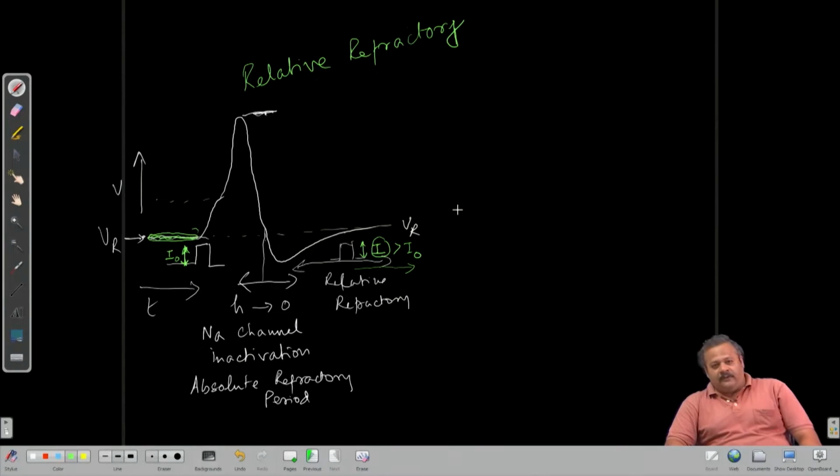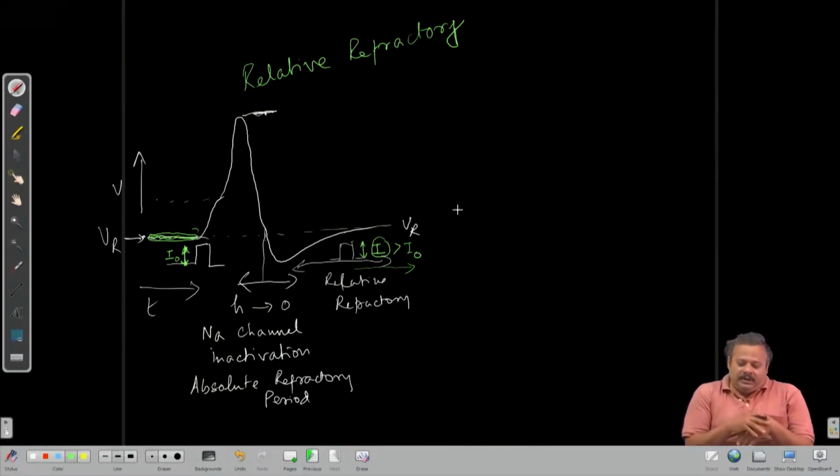And the absolute refractory is very easy to understand in the sense that H is practically 0. So, there cannot be any spiking, and just simply simulating the Hodgkin-Huxley, we can see that H is extremely low, and that region is what will be absolute refractory. But why do we have the relative refractory period is our question.